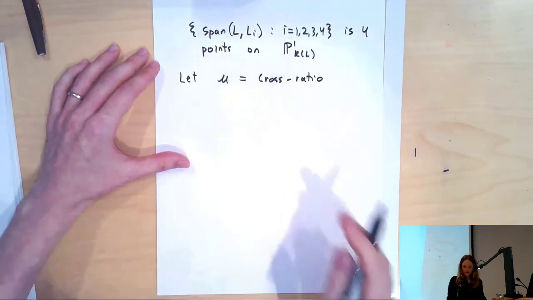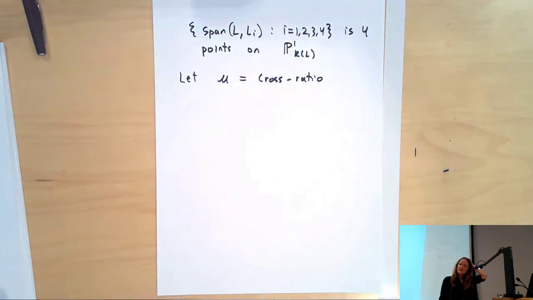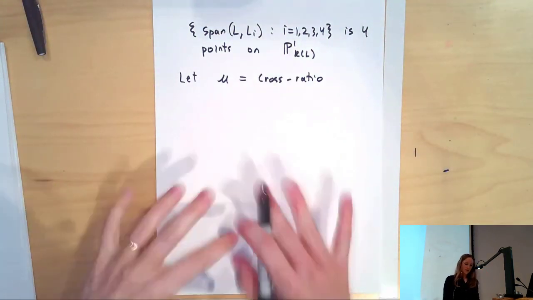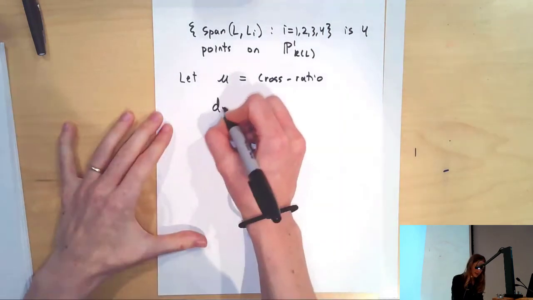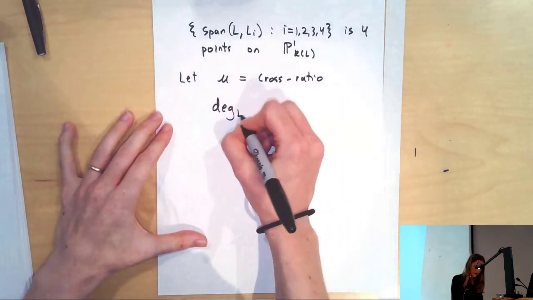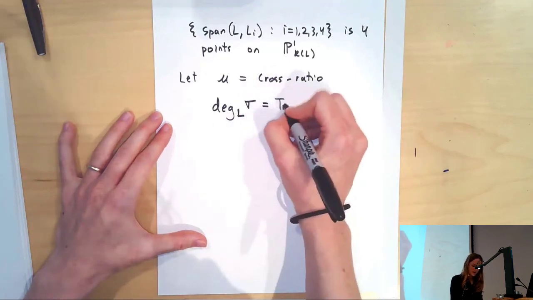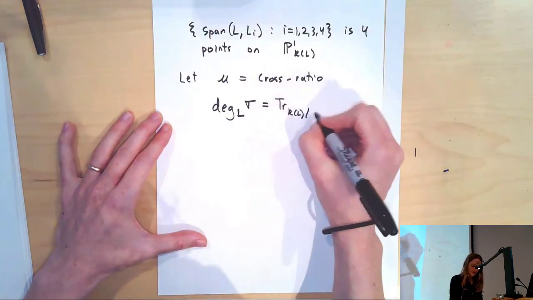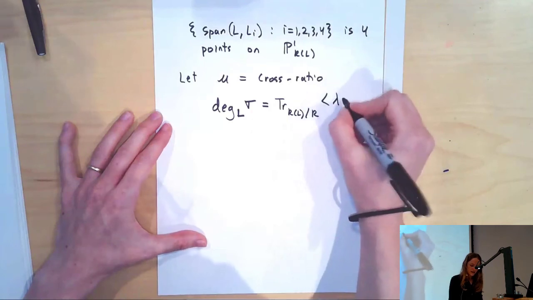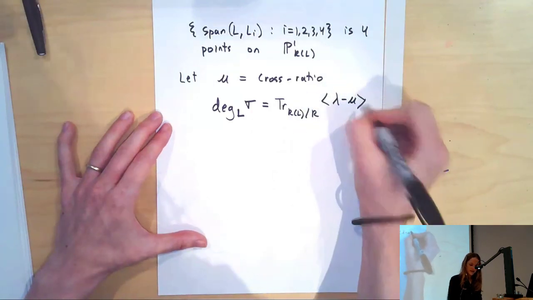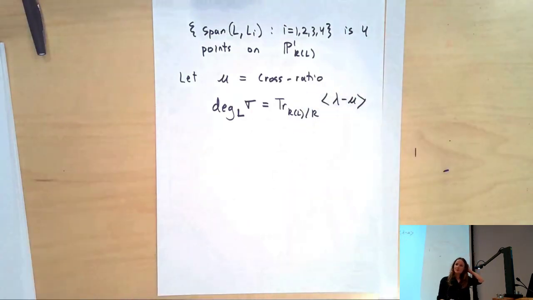And there was this choice of how the line, it wasn't the line that determined our section, it was equations cutting out the line. But if you normalize things correctly, then you can get that the local degree of this function sigma is the trace of K of L down to K of the difference of lambda minus mu.